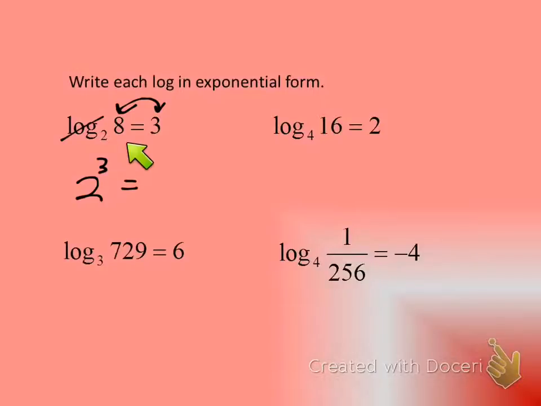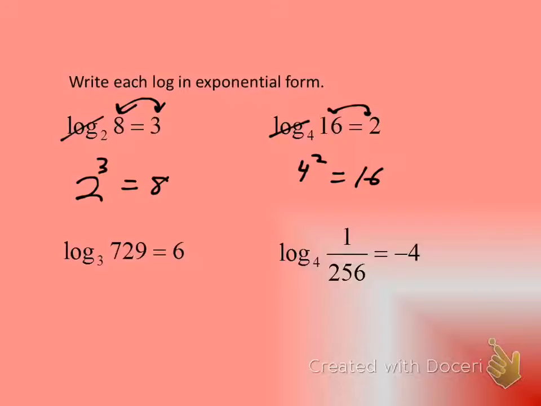And what you're taking the log of goes to the other side, which is 8. So you can see how you switch 8 and 3, then drop your log, and it becomes 2 cubed equals 8. For the second one, once again, 4 to the second equals 16. Switch these two, drop the log.